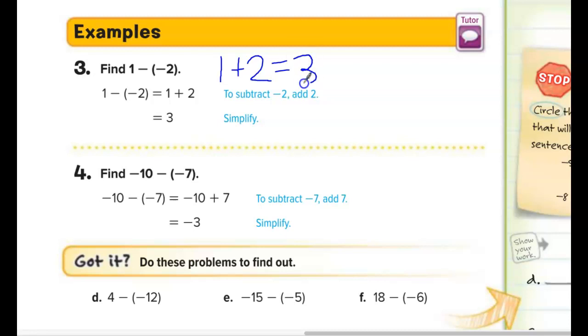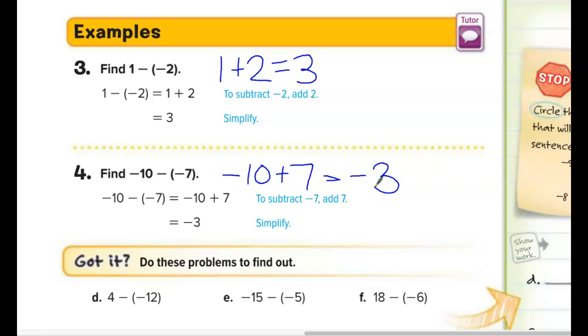Okay. Number 4. How do I rewrite negative 10 take away negative 7? Aaliyah? Negative 10 plus 7. Good. Do I have more negatives or positives, Olivia? And how many more? So negative 3 is my answer.